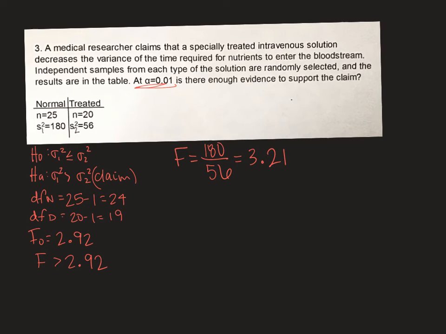So we're comparing that to our rejection region. So is 3.21 greater than 2.92? Yes.